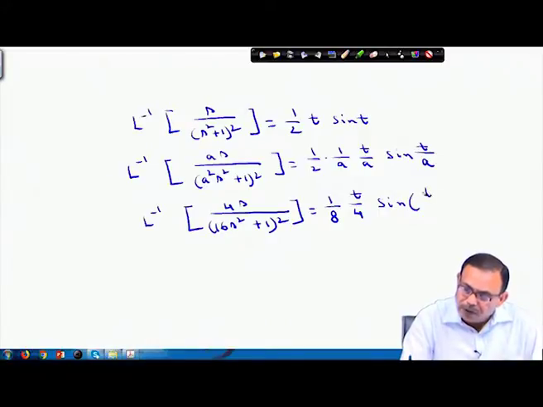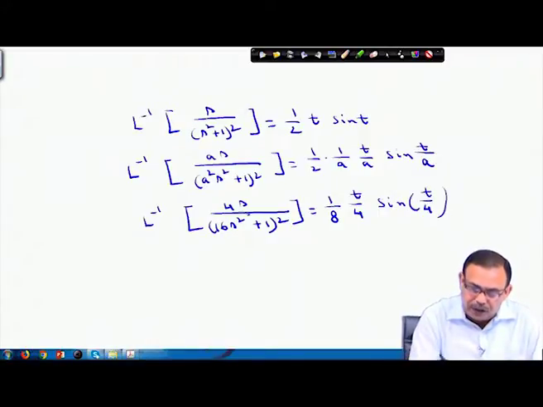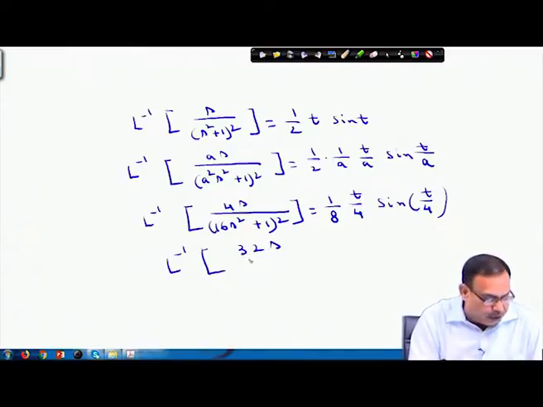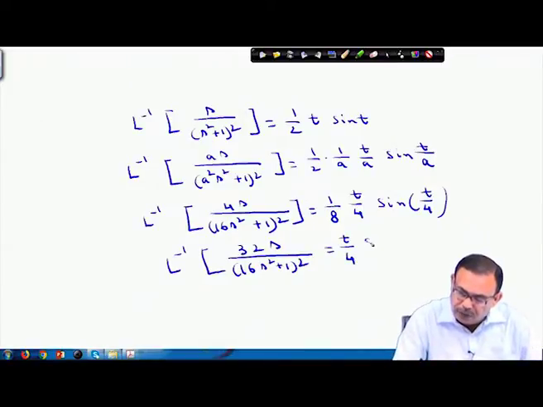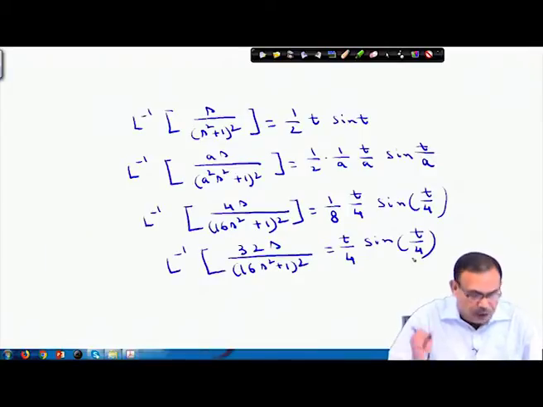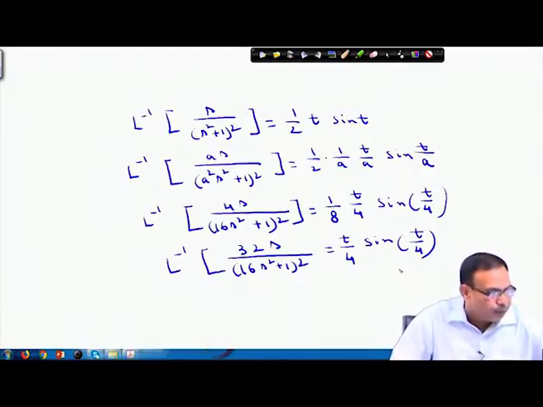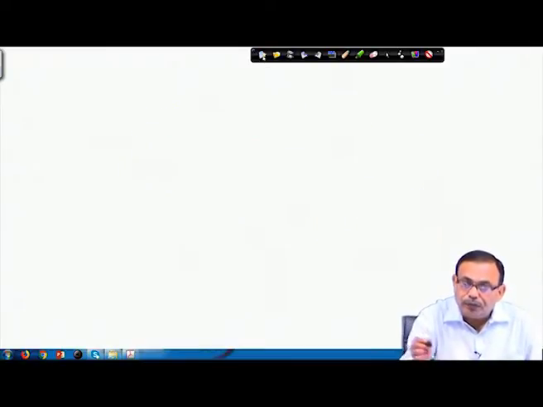This 8 if I bring it here, I will obtain Laplace inverse of 32 s by 16 s square plus 1 whole square equals 1 by 8 has gone over there, so that it becomes t by 4 sin of t by 4. So, this completes the problem over here. I hope it is fine.